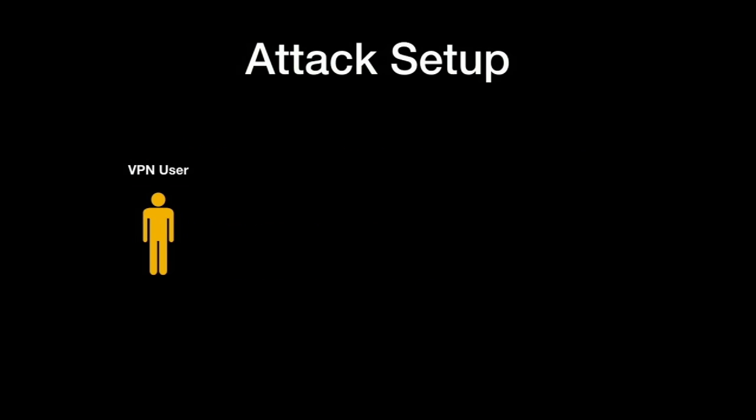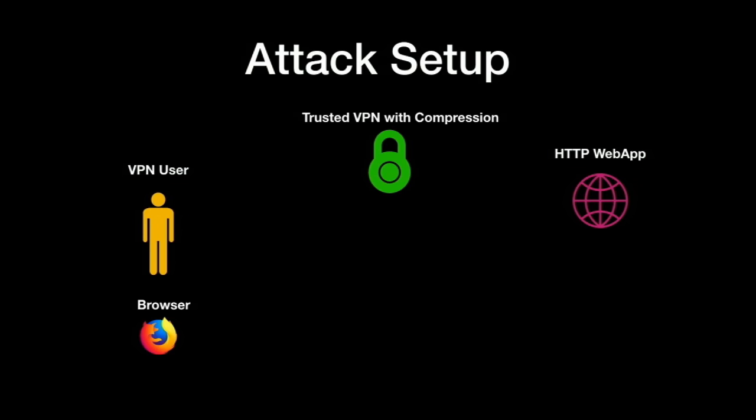So let's look at the setup to explain it more in an infographic way. You have a VPN user using a browser, who's trying to access, let's say, a corporate website, which is over HTTP. By default, he wouldn't do that because it's plain HTTP, and for some reason his server didn't upgrade to HTTPS. I don't know, maybe because they don't want to get a free Let's Encrypt certificate.